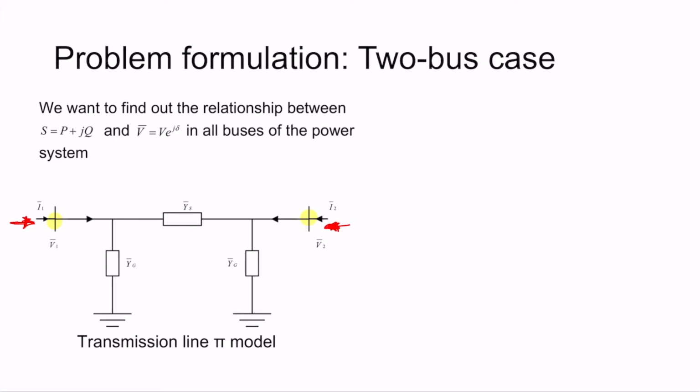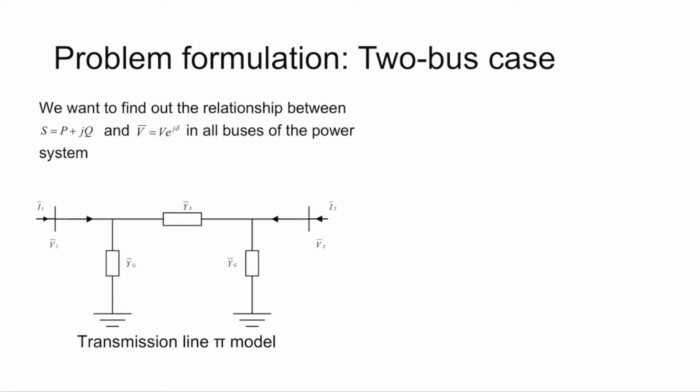Let me modify the nomenclature a little bit with regard to the previous lecture. For describing those phasors, sometimes you will see me using V with a bar over it. A bar over a variable represents either a phasor or a complex number. Then let me write the current with regard to the voltage.